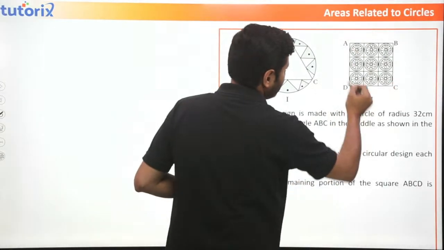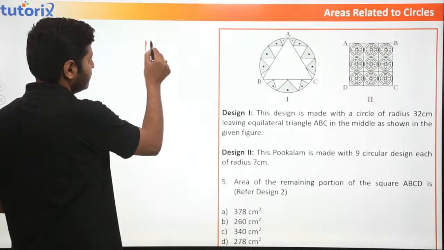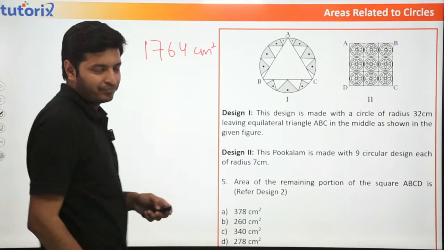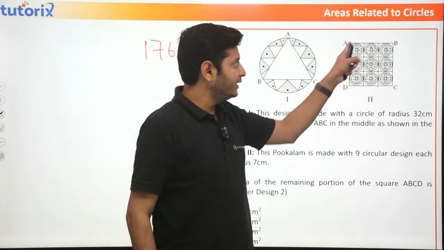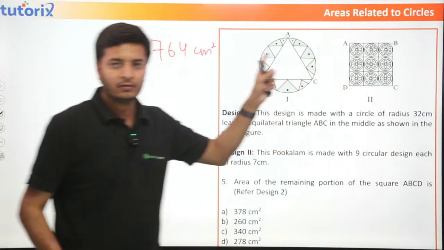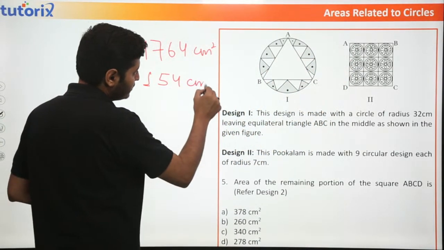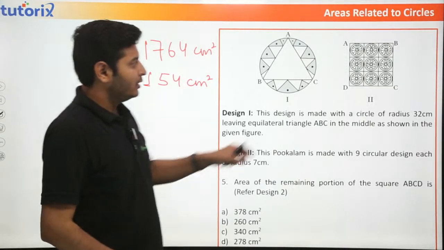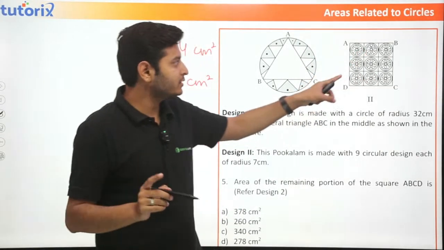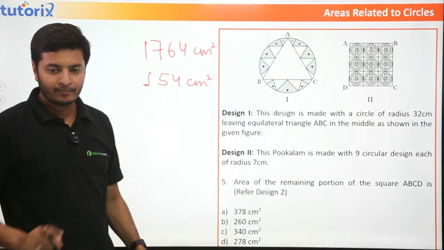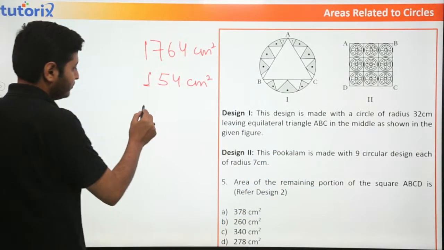We know the area of the square, 1764 centimeter square. We know the area of one circle, 154 centimeter square. If the area of one circle is 154 centimeter square, then what is the area of 9 of them? 154 into 9.